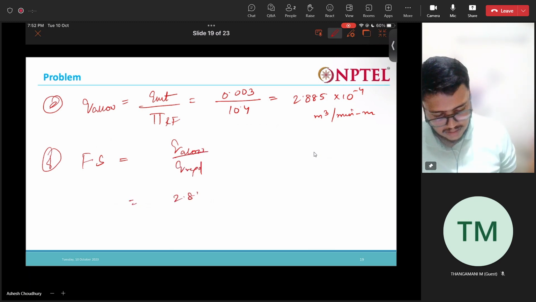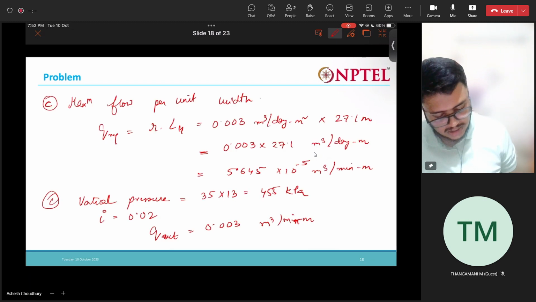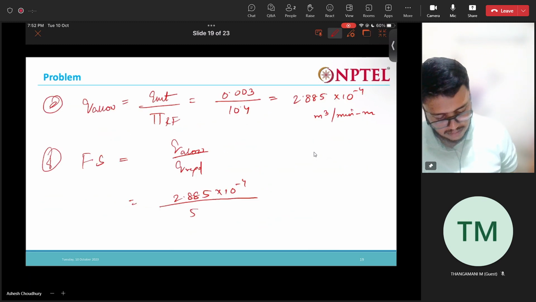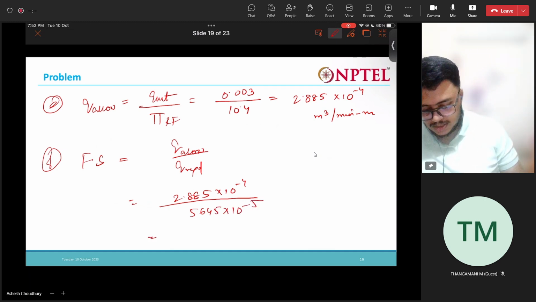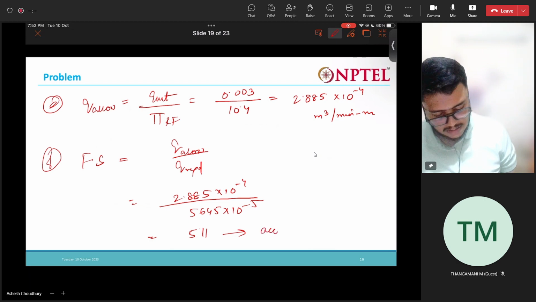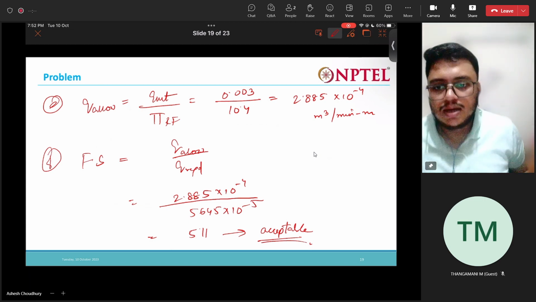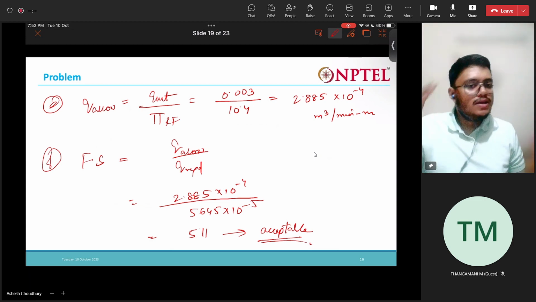So 2.885 into 10 to the power minus 4 divided by the required, 5.645 into 10 to the power minus 5. This comes out as 5.1, which is accepted. So the given geonet will be able to properly drain out the leachate.